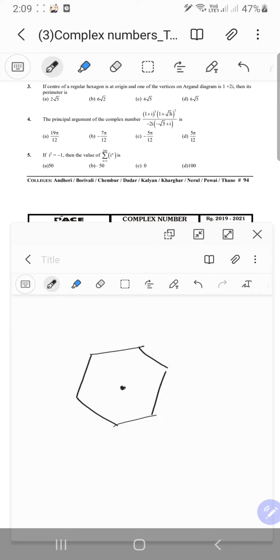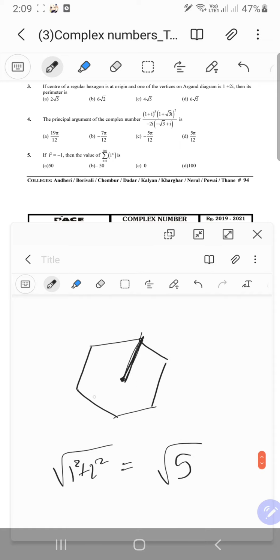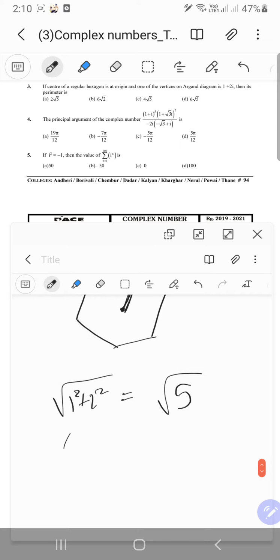One of the vertices is 1 plus 2 iota, then its perimeter is... So no big deal, just find what this distance is going to be. So it's going to be square root of 1 squared plus 2 squared, which is the square root of 5. Yeah, so that's this distance. Now I just need to find the perimeter. We know this distance is exactly equal to this distance, so it's just going to be 6 square root of 5. Easy.